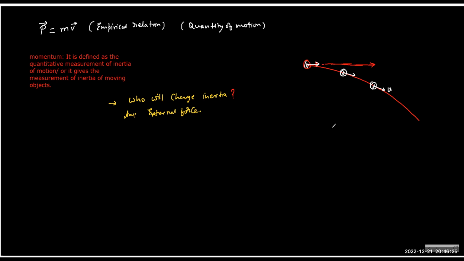Understood what I'm saying? The first chapter is called kinematics for a reason. In the first chapter, we never thought about the agent, isn't it? Were you worried about the agent who is creating the change of direction? No. You knew the acceleration, you applied it, you got the answer, isn't it?